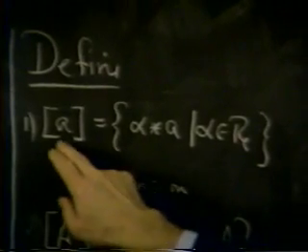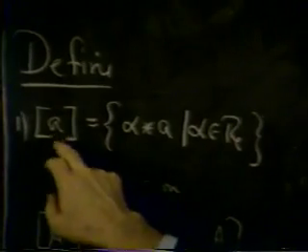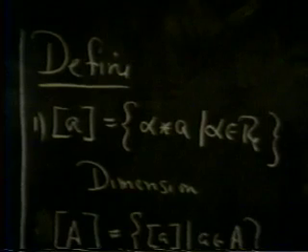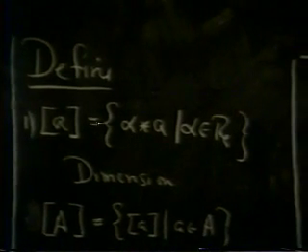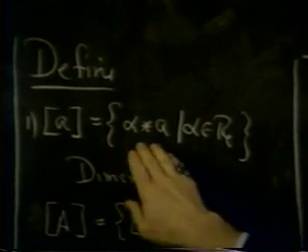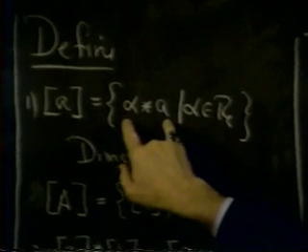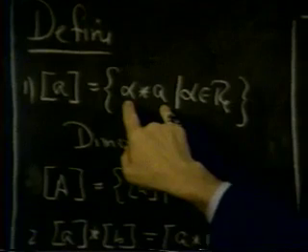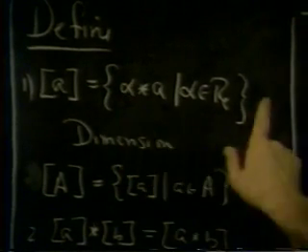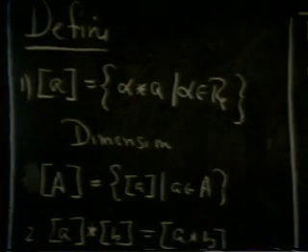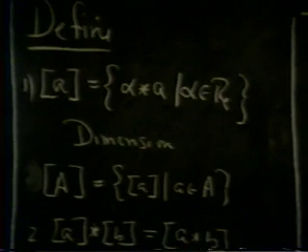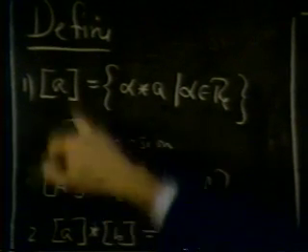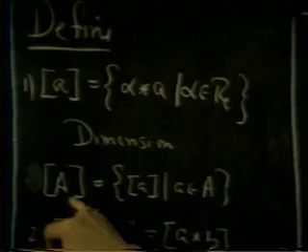So I'll define the dimension of the element A. The element A is a particular physical quantity. Its dimension is all of the things that you can obtain from A by composing it with real numbers, alpha star A. And I'll refer to that as the dimension involving A. The set of all such dimensions I'll call bracket capital A.